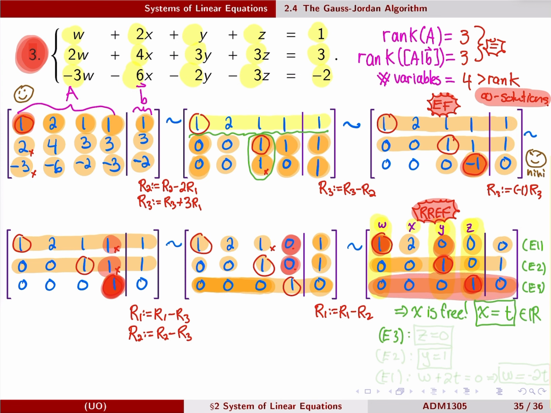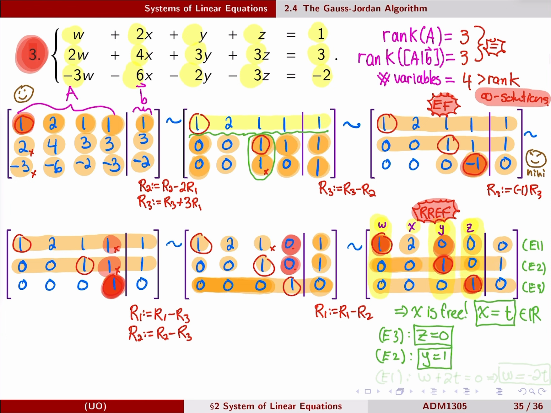I really like backward substitution, so I just like to pay homage to this. When you read the third equation, that says 1z is equal to 0. So that's my solution for z. And if you read the second equation, we have 1y equal to 1. So we get specific values for those.